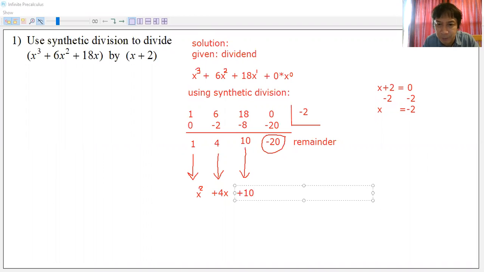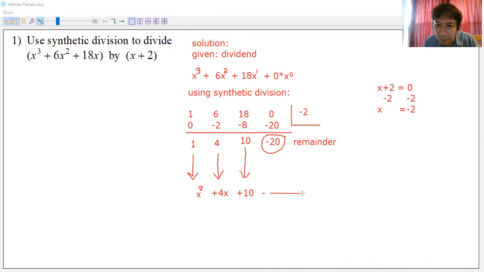And of course, you have the negative 20. The negative will be used as a subtraction sign over here, minus, like that. And then it will be a fraction, just like the long division.